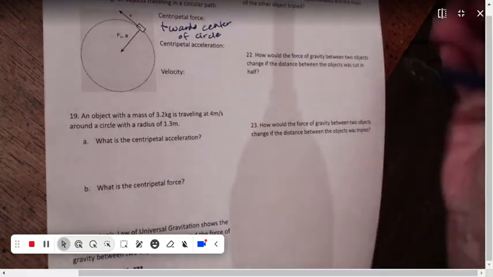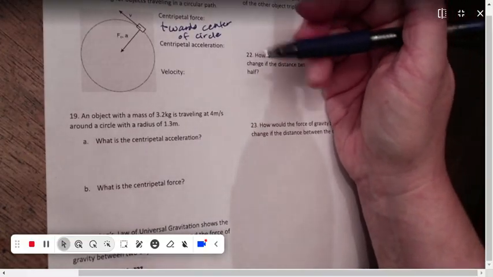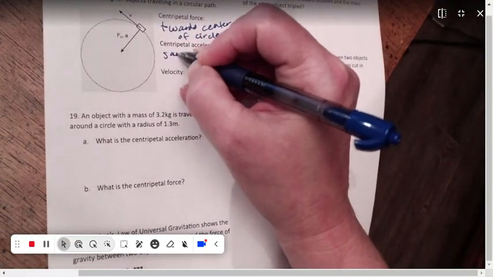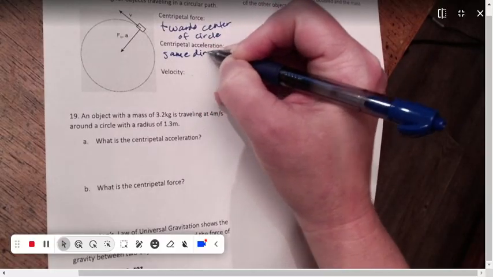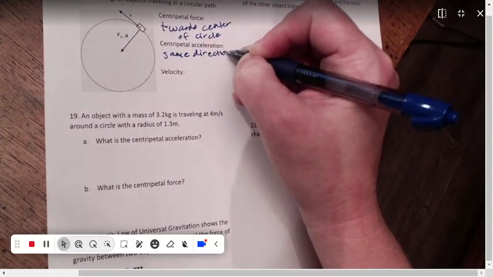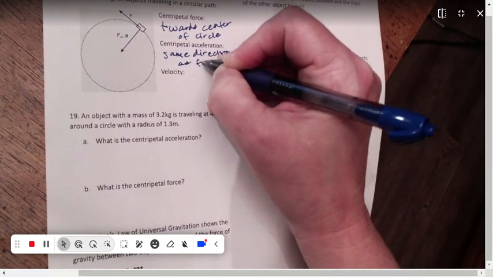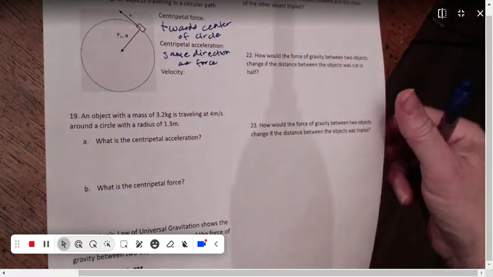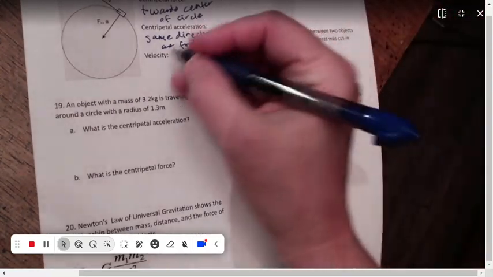My centripetal acceleration is also towards the center. It's the same direction as the force. And my velocity is tangent to the circle.